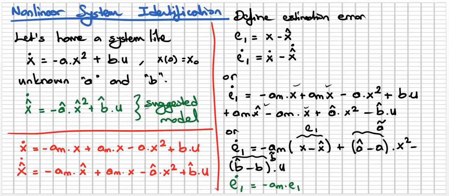This is also a stabilization term, because a_m should be selected as a positive value. And we also have the a estimation times x squared and minus b estimation times u.